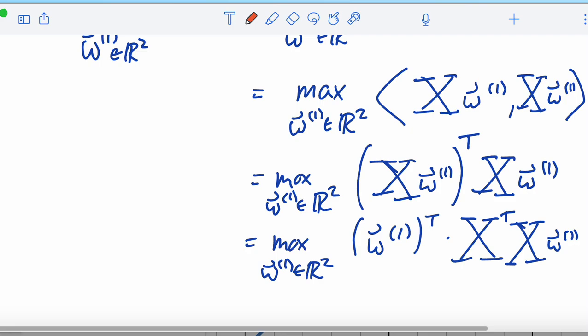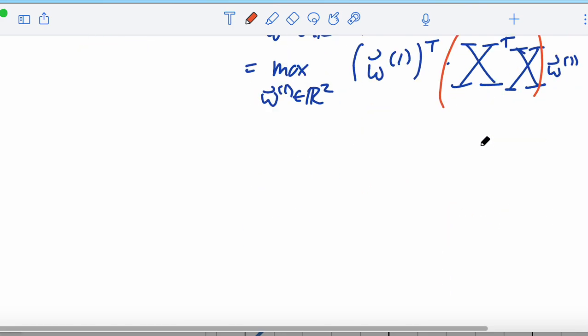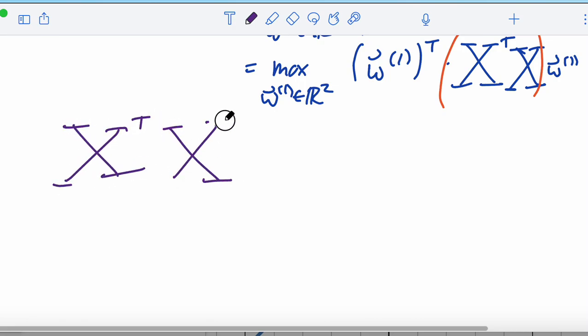And we've seen this matrix before, the matrix X transpose X. That came up when we were doing linear regression too. Let's write down what the matrix X transpose X is. So X is an n by p matrix, n data points. I'll do p equals 2, the data dimension, just to keep things concrete. So X is n by 2.